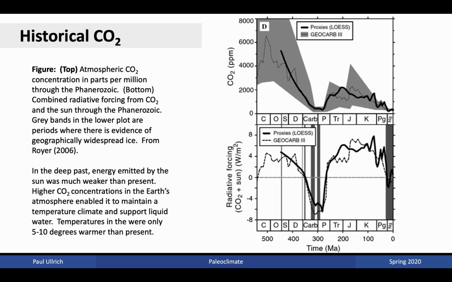In order to understand this in more detail, we must understand the historic carbon dioxide record. The top plot here shows atmospheric carbon dioxide concentrations in parts per million over the past 550 million years of the Earth's history. What we see is that at present, carbon dioxide concentrations are relatively low compared to what they have been historically. In particular, during the time of dinosaurs on the planet, carbon dioxide concentrations were between about 1,000 and 2,000 parts per million.